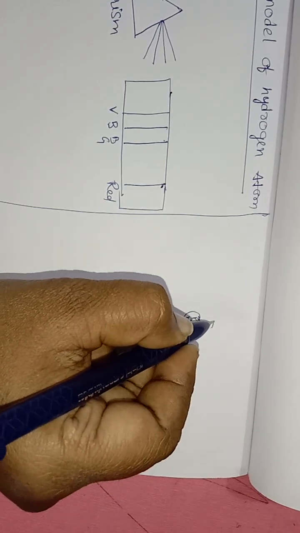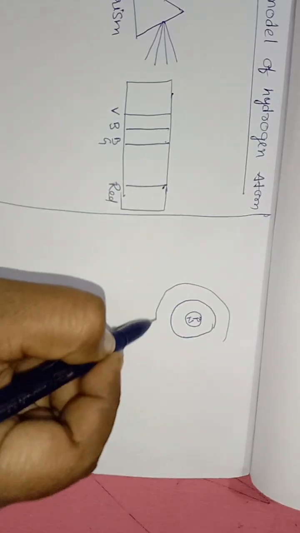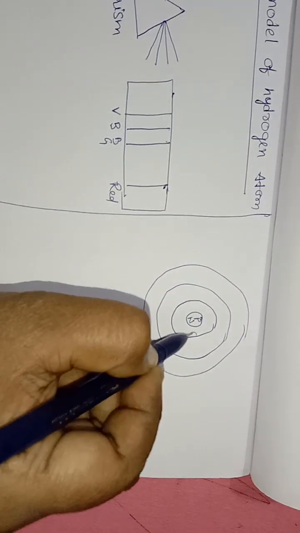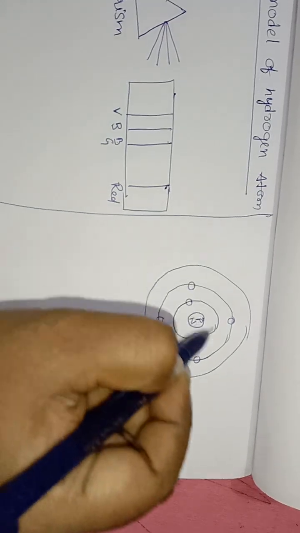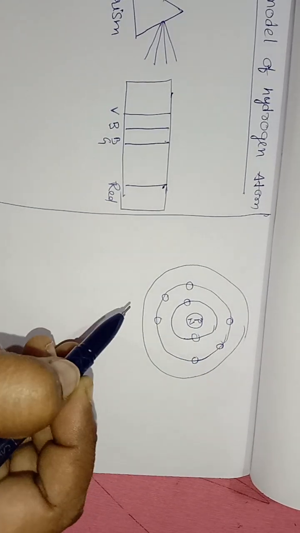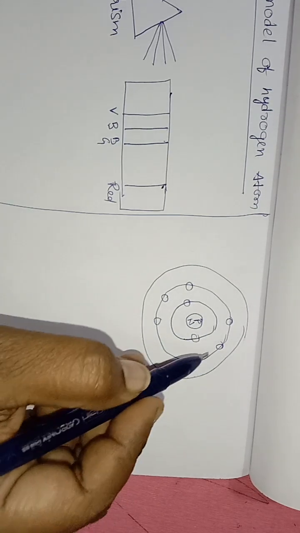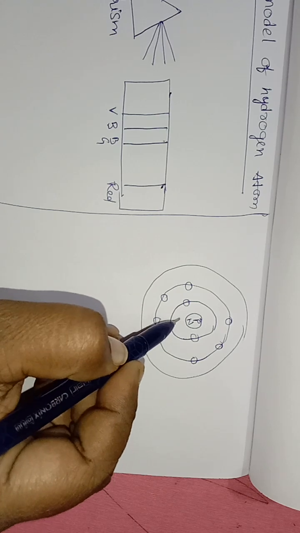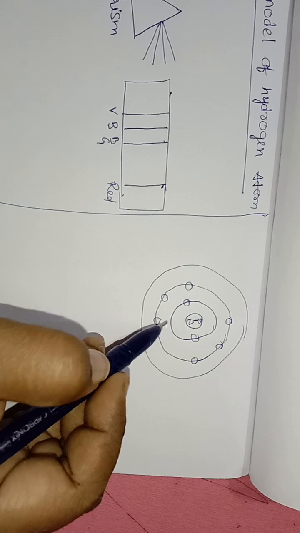Around the nucleus, electrons revolve in particular orbits. He took the model of the solar system. Around the sun, planets revolve. The same model he explained here: around the nucleus, electrons revolve in particular orbits.